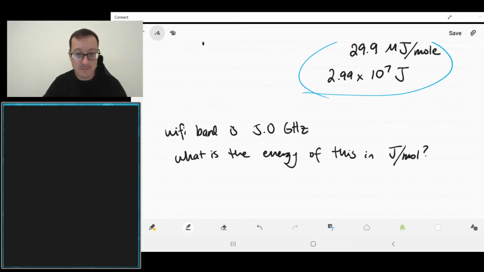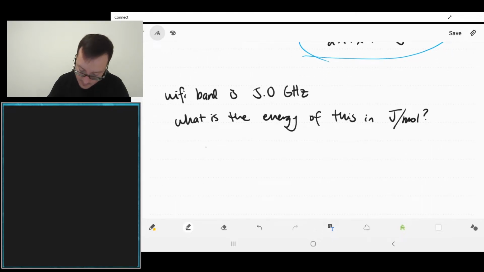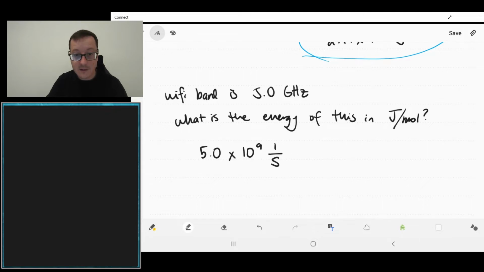There are two main Wi-Fi bands, right? You have 2.4 gigahertz and 5 gigahertz. So we'll go with the higher frequency one. Giga, remember, is 10 to the ninth power, so 5.0 times 10 to the ninth, 1 over seconds. Don't forget the unit hertz is 1 over seconds. So that's what we're looking at here.